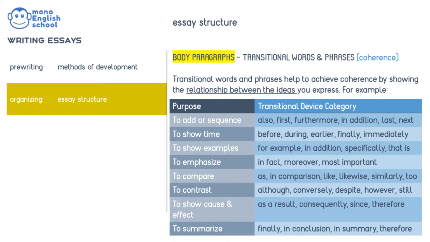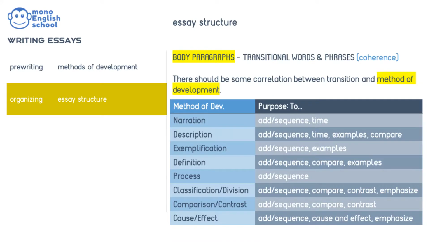Transitions guide your reader through your paper. There should be some correlation between your method of development and the transitions that you use. For example, if you are using a narration method of development, you will tend to use transitions to add information and sequence events, as well as some transitions to show time.